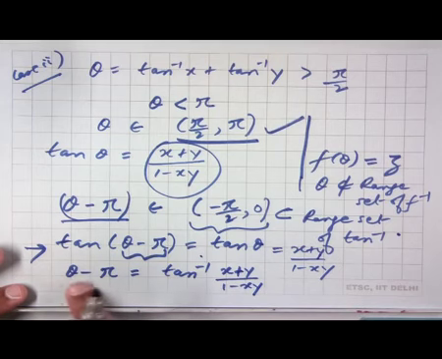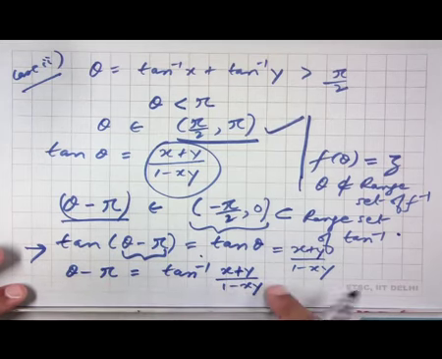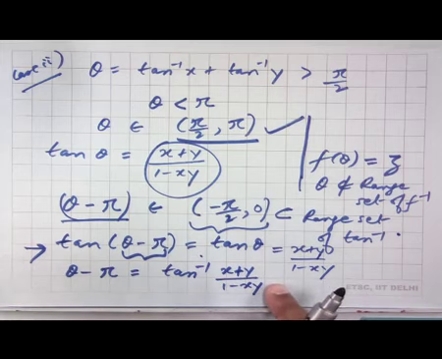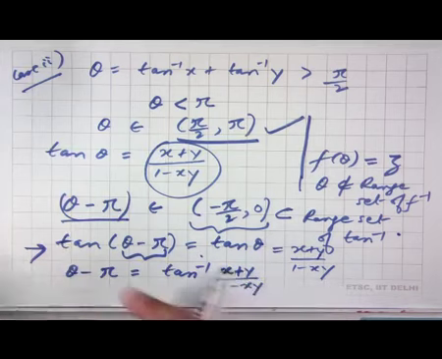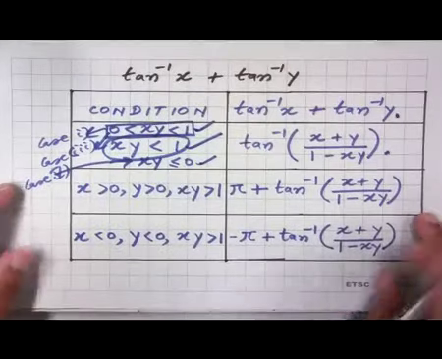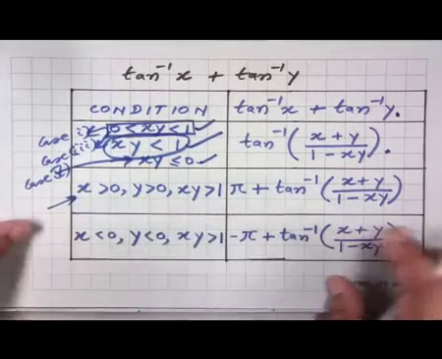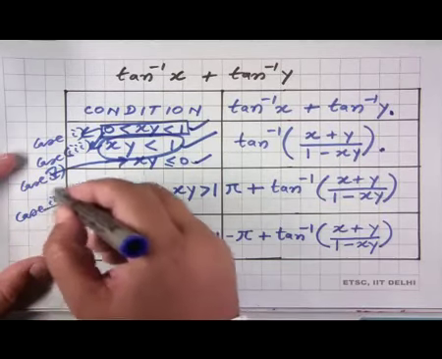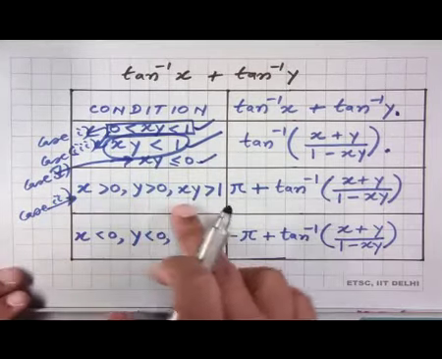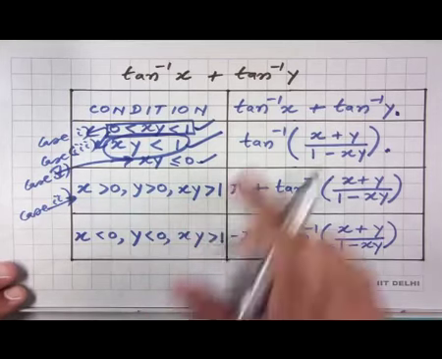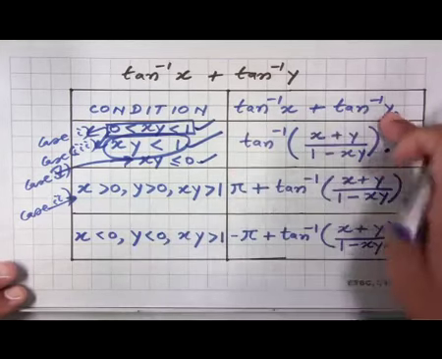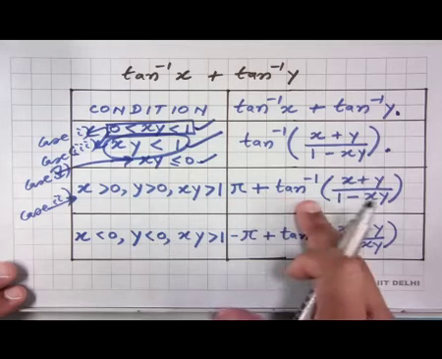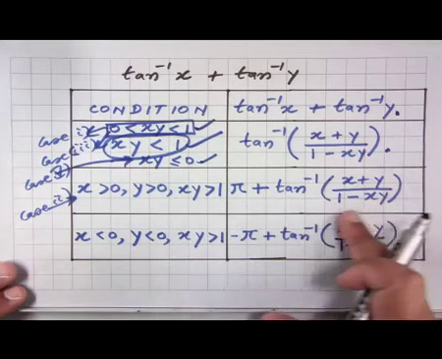And then from here it follows that theta equals pi plus tan inverse of x plus y over 1 minus xy, and that is exactly what was written in the table here, that was case number 2. So, if x and y are both positive and xy is greater than 1, then tan inverse x plus tan inverse y will be equal to pi plus tan inverse of x plus y over 1 minus xy.